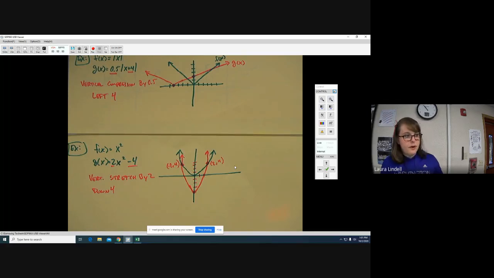The other thing that we want to be able to do is tell what happened just using function notation. So we'll do a couple of function notation examples here real quick.